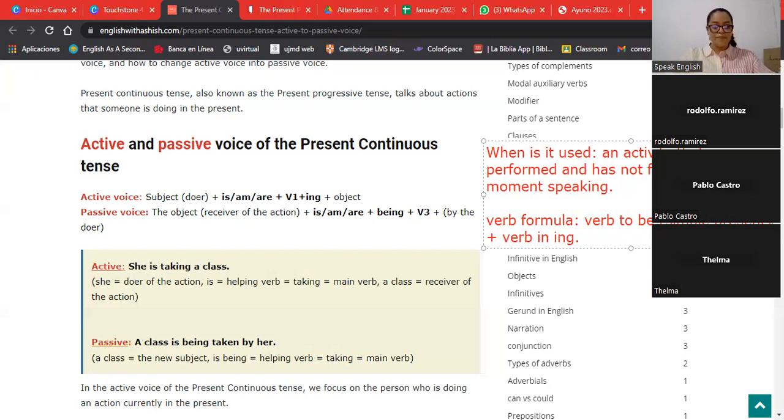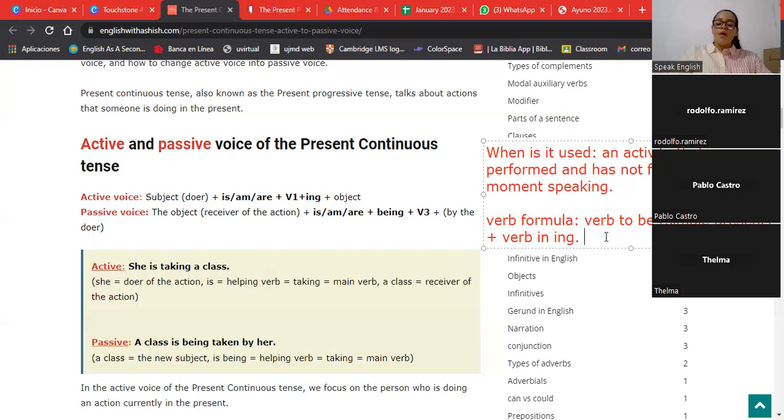Okay? All right. Now, this is always going to happen. It doesn't matter if we are talking of the past or the present. We always have the verb to be plus the verb in ing.